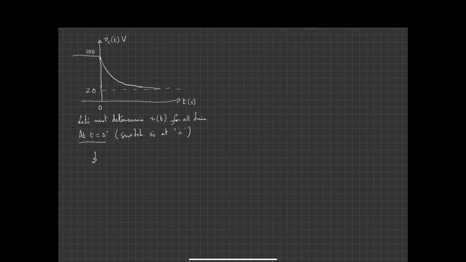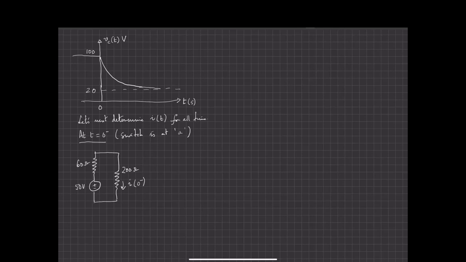It's simply the 60 ohm resistor, the 50 volt source, and the 200 ohm resistor, and this current here is i at 0 minus.